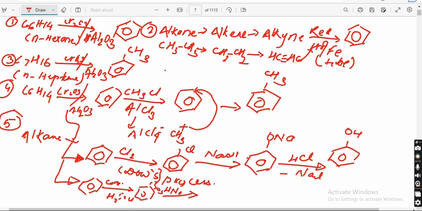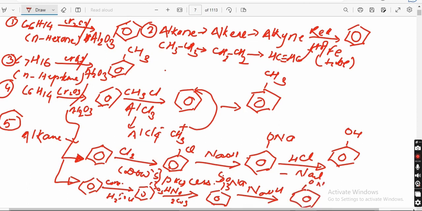Then you have to react this with Na2CO3, and this will give SO3Na over here. Furthermore, you have to react with NaOH to give ONa, and then you have to react it with HCl to give OH. That is your phenol.